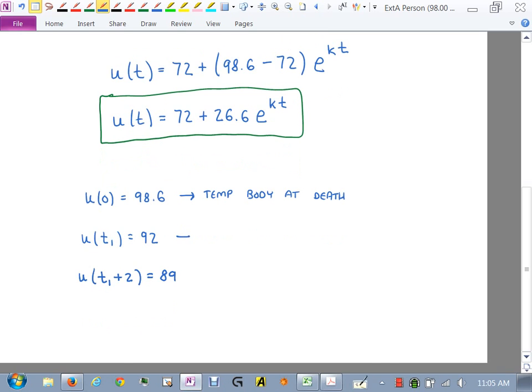So this is the temperature when we find the body, right? And this is the temperature 2 hours later.